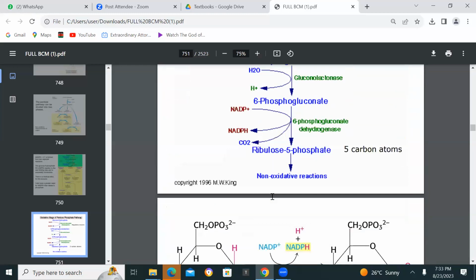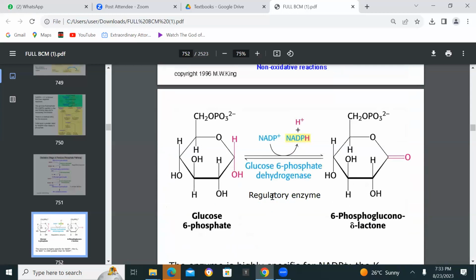So now that we are mentioning NADPH every other step of the way, NADPH is produced in this rate limiting or regulatory step.